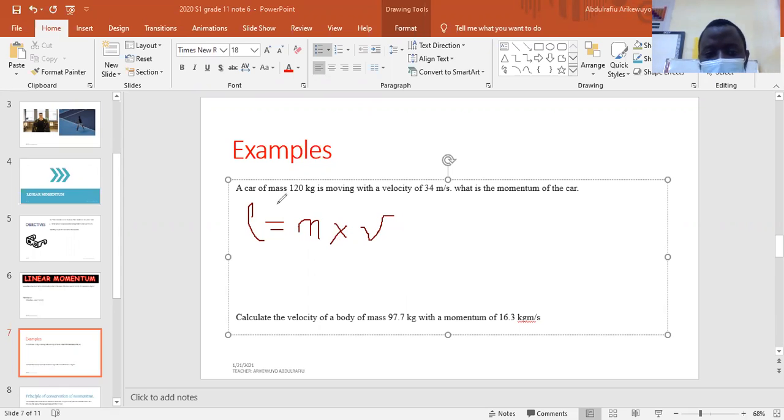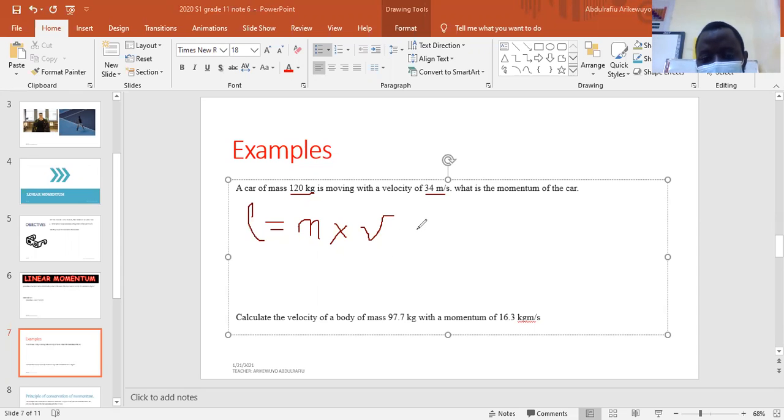Now, if you look at this question, a car of mass 120 kilograms, so the mass is 120, is moving with a velocity. The velocity of the car is 34 meters per second. So we are looking for the momentum.